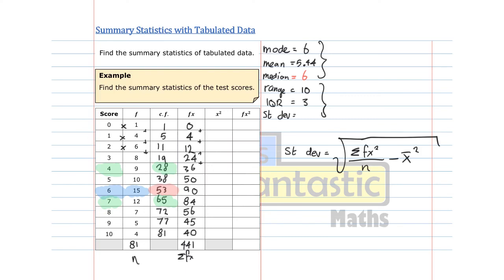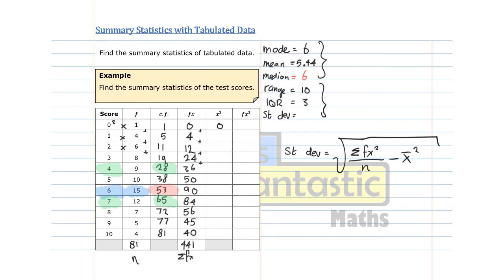And to find that, we're going to fill in these last two columns of our table. So first we're going to square the scores. Then we're going to multiply the frequency by those scores to find our fx squared, and then we're going to add them all up.